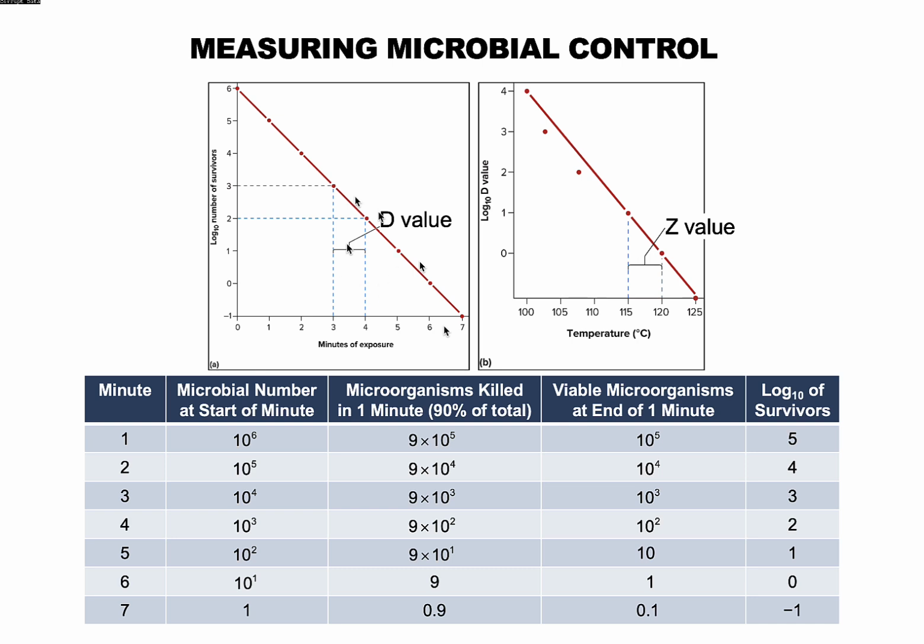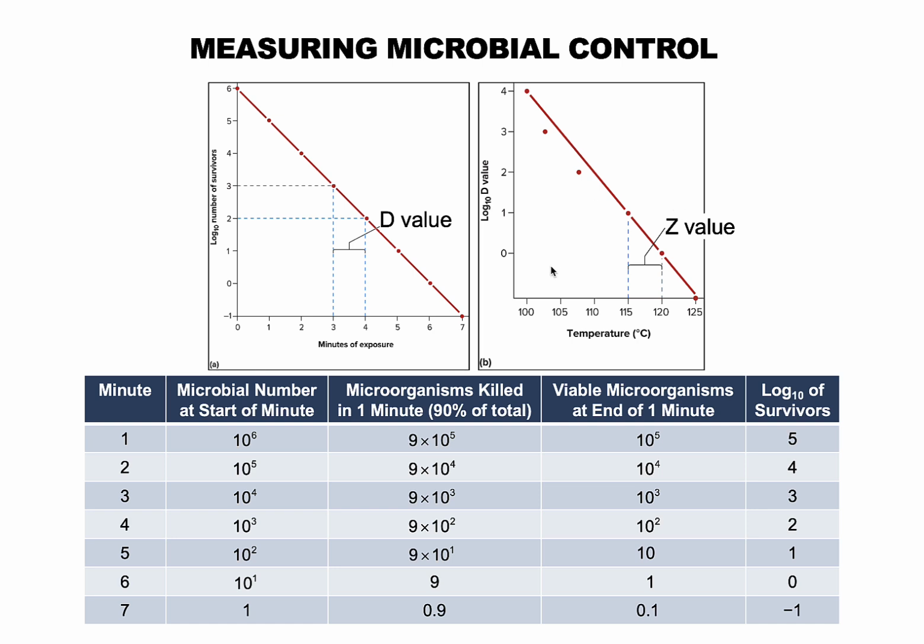The decimal reduction time, or the D value, is the amount of time that it takes for a specific protocol to produce one order of magnitude decrease in the number of organisms, or the death of 90% of the population. It is called the decimal reduction time, DRT, or the D value.